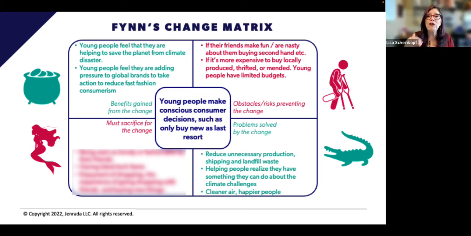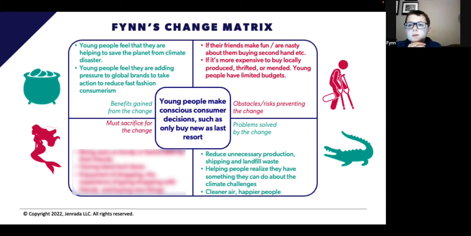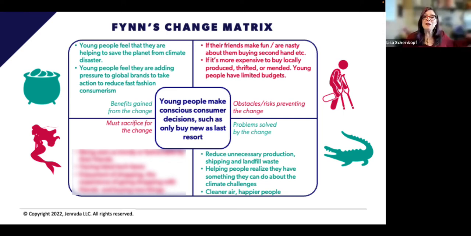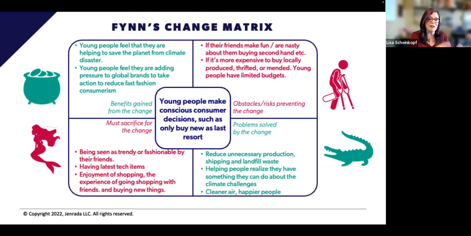Your best friend is the mermaid that lives in the body of water. Your best friend won't be able to travel with you to get the solution. And so you would have to sacrifice being with your best friend in order to get all the benefits of the solution, right? That doesn't feel good. That's a reason to really not want to do the change. It's not about I can't do it. It's I really don't want to because of this.